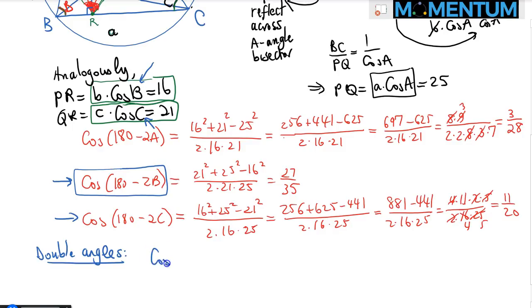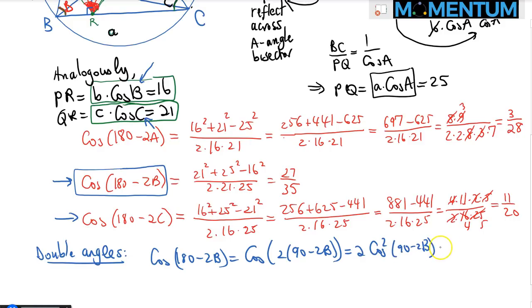So that's just cosine of 180 minus 2b. If you interpret it as a double angle, that would be cosine of 2 times 90 minus b, and that's just equal to 2 cosine square of 90 minus b minus 1.